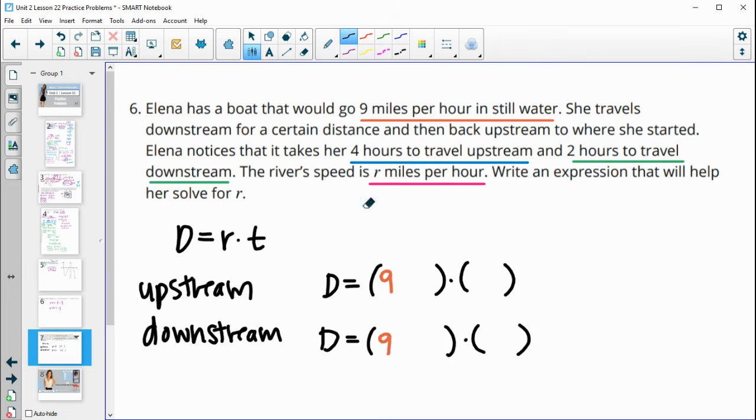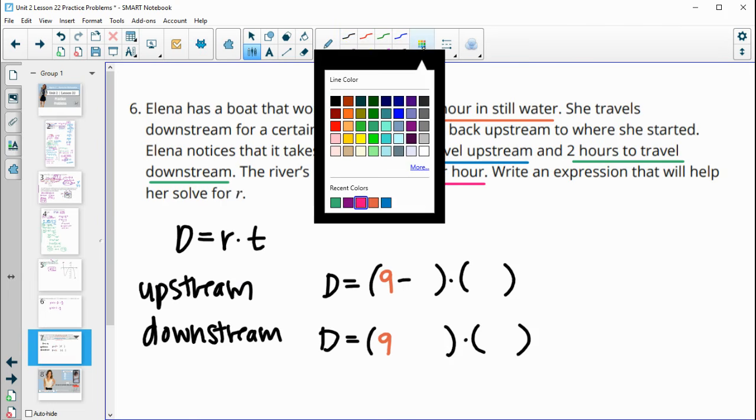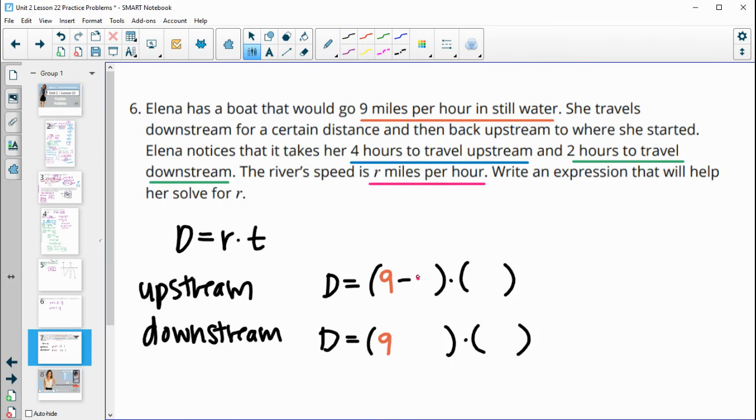Then when she's traveling upstream, she's going to go against the current of the water, so the river speed. So we're going to take her normal speed minus the current since she's going against it. And when she's going downstream, that means the water is pushing her, so she's going an extra speed of the water.